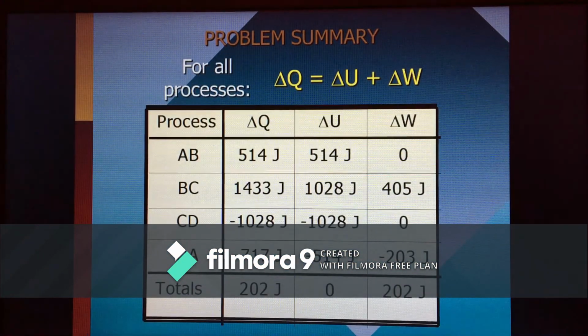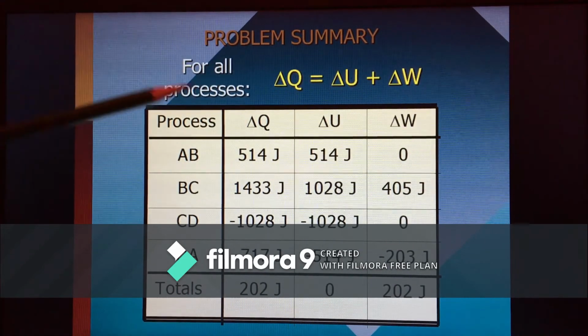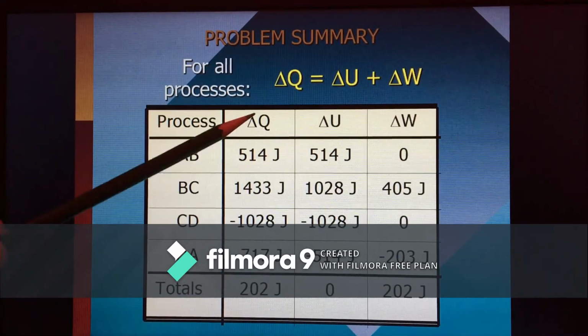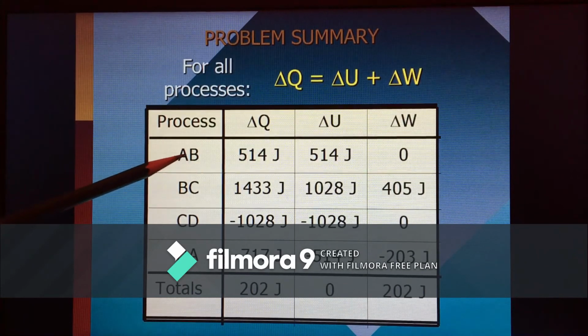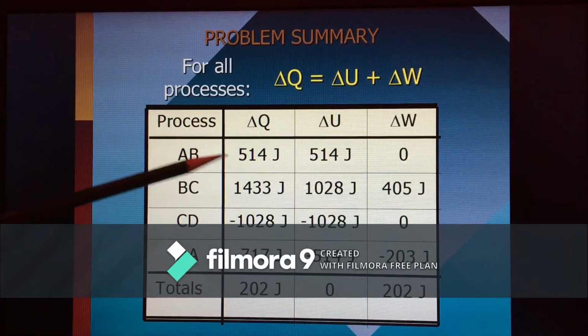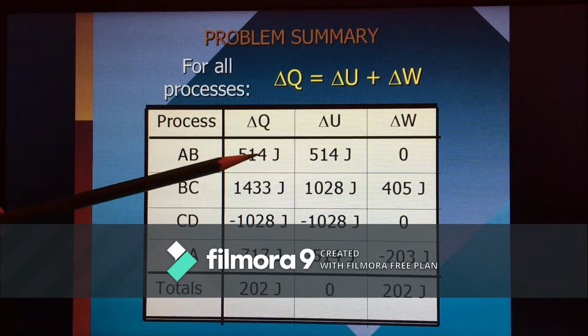So here's the summary. We have processes AB, BC, CD, and DA, and the total, and that is our first column. For the second column, we have delta Q, then the third and fourth columns. For delta Q, the change of heat for the process AB, which is the isochoric process, is 514.